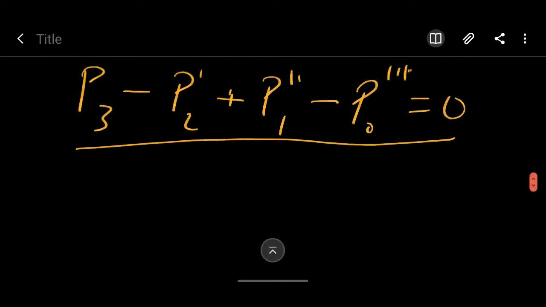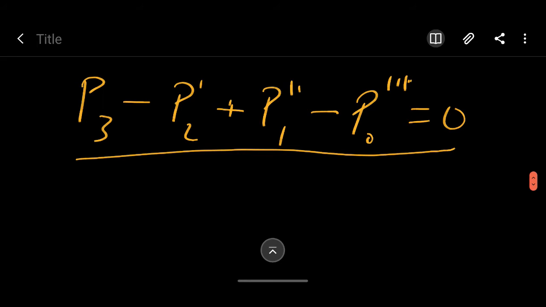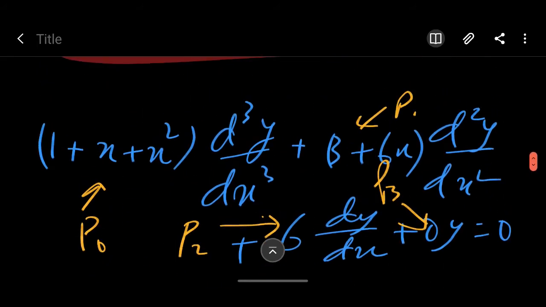Before that we said a differential equation is said to be exact if it can be obtained from its lower order equation by differentiating it without any further process. So if the equation is exact, then we can reduce this third order differential equation to second order.